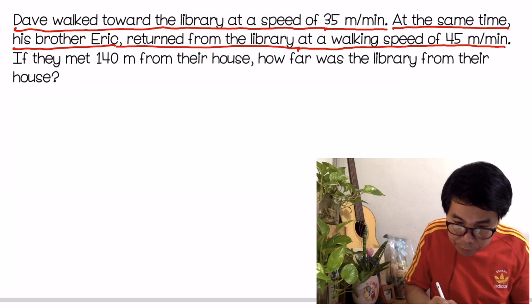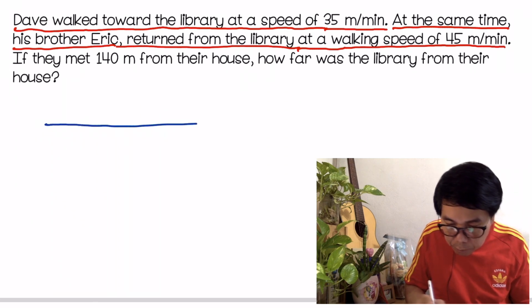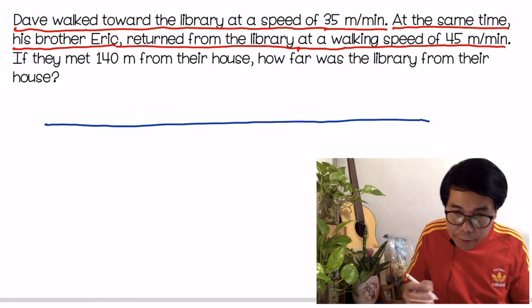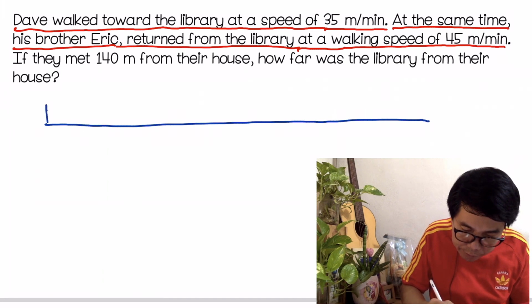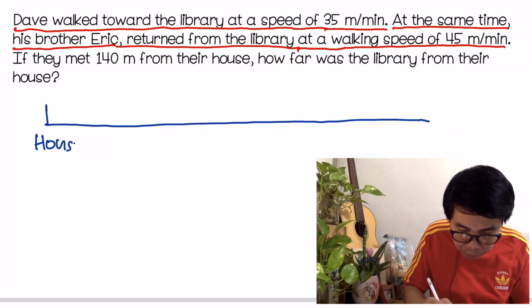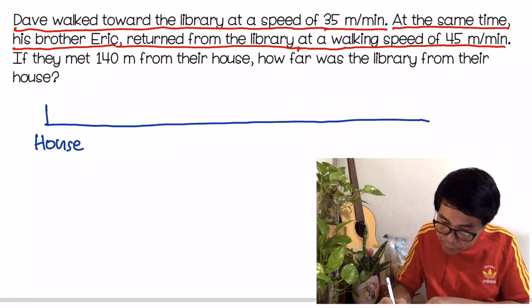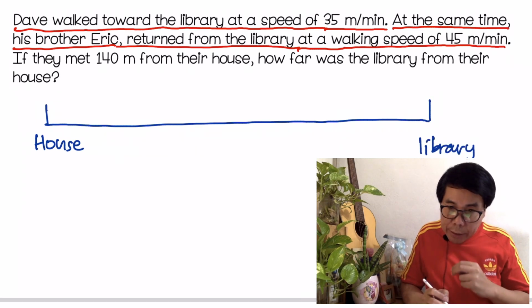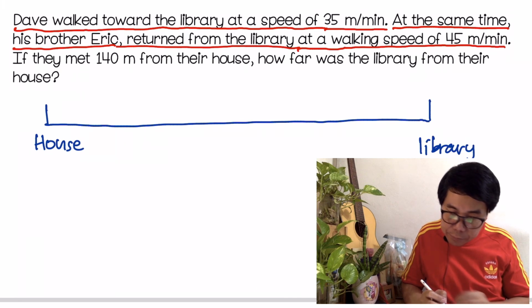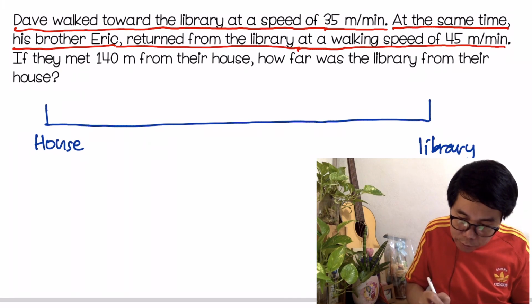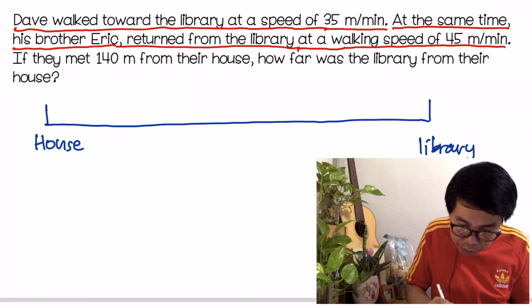So let's say this one is the model. This one is their house, and this one is the library. What happened is that Dave walked in the direction going to the library.